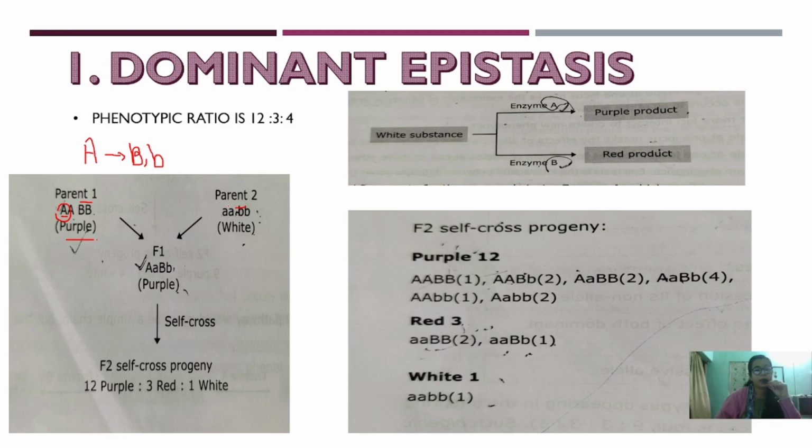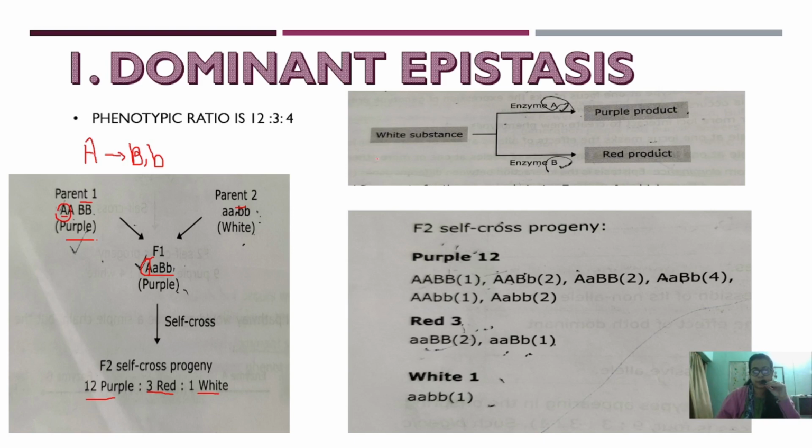And here white color will be formed because there is no A pigment as well as no B pigment. When we cross both of them, in the F1 progeny we get purple color, because capital A is present. When we self cross them, we get the F2 generation, that is 12:3:1. Why do we get this ratio? Let's understand it here.